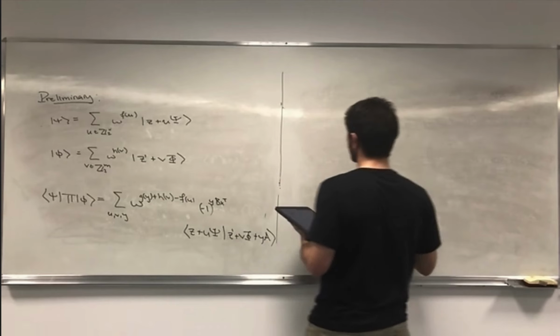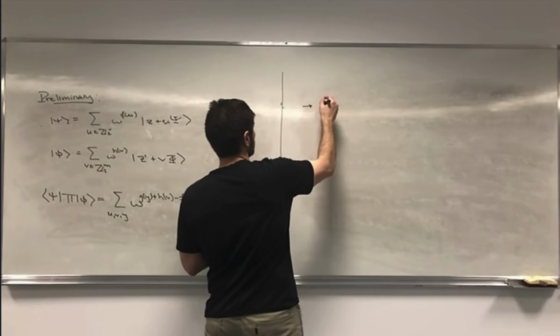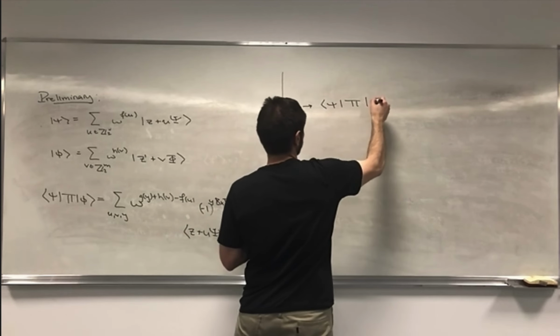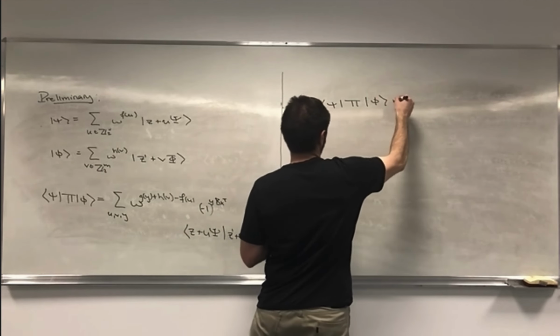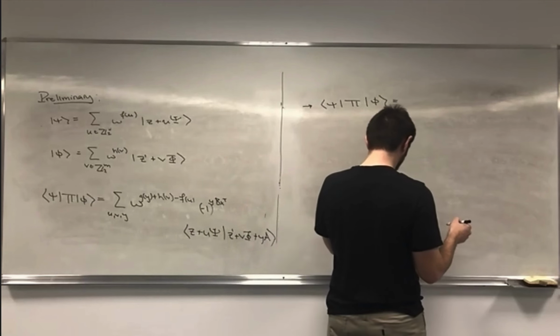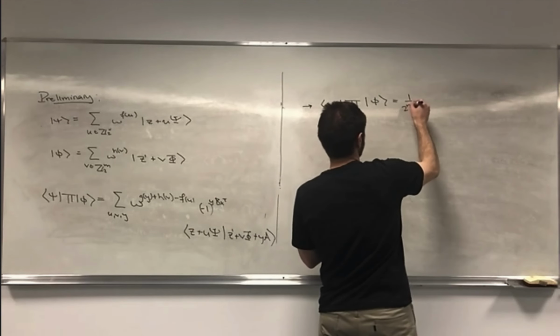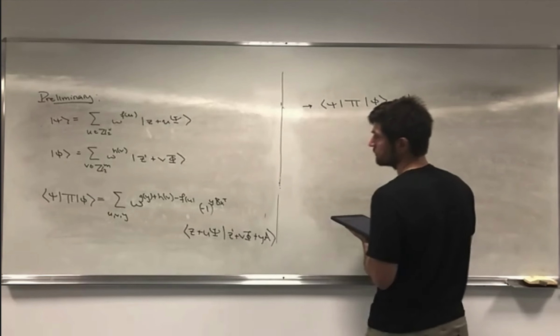And so we can finally write down psi projector as being equal to 1 over 2 to the n plus t.